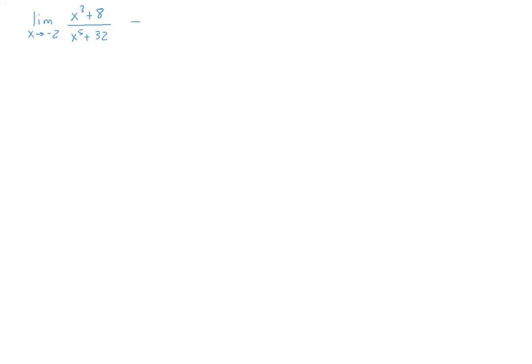If we try to plug in, then we get 0 over 0, which means that we're going to try to perform our synthetic division. So this will be x plus 2. And interestingly enough, what we will find is x squared minus 2x plus 4. And at the bottom, we will get something much more interesting, x plus 2.